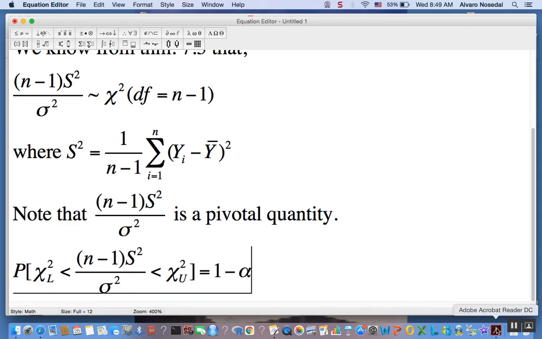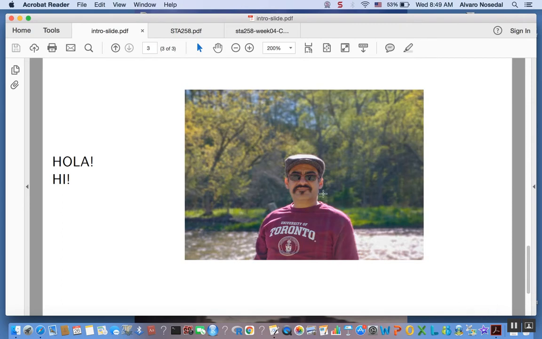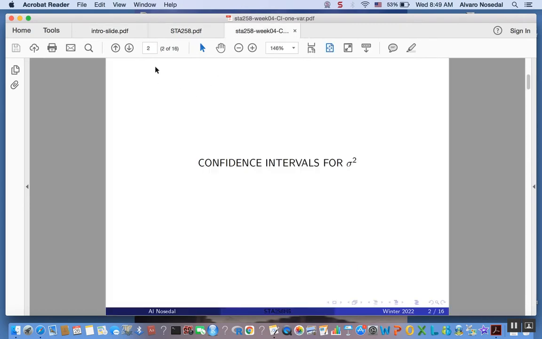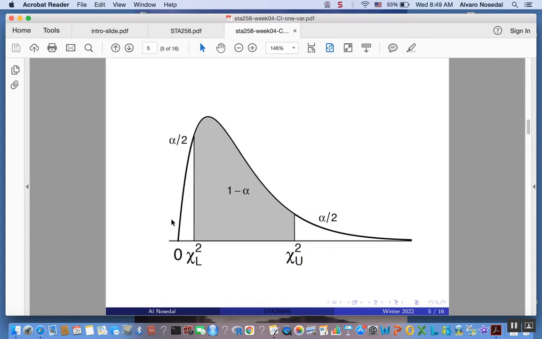So to make things a bit clearer, let me show you a graph. That's what we need, right? We need those guys to satisfy this, right? Between chi-square sub L and chi-square sub U, we want to have that proportion of observations, 1 minus alpha. That would be our confidence level, okay?